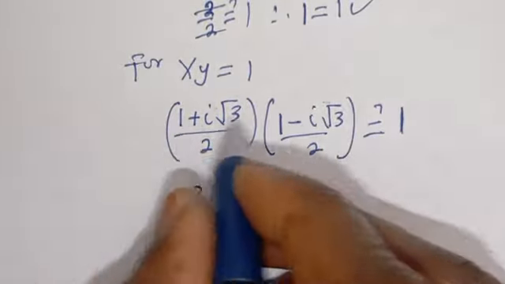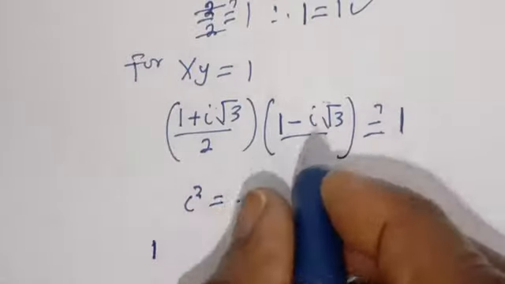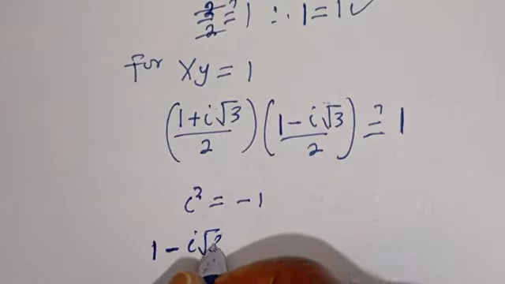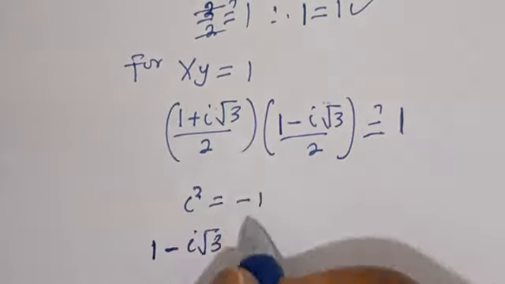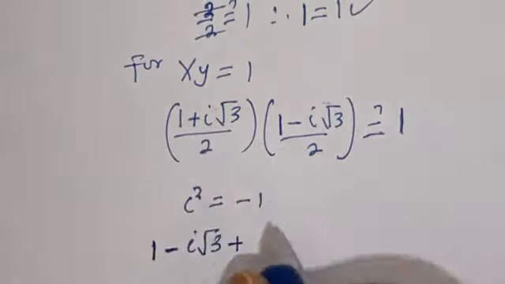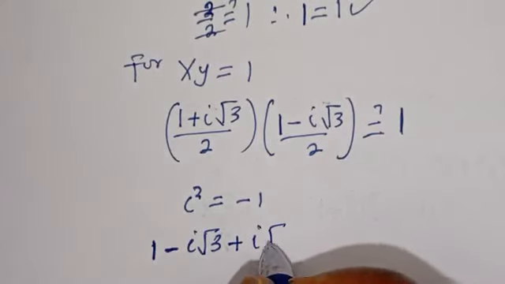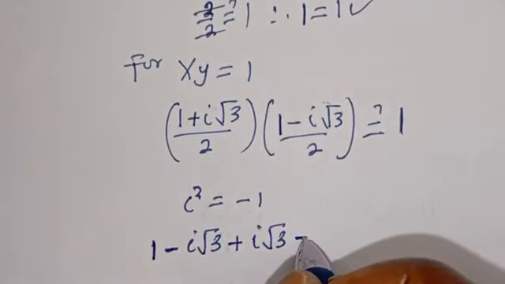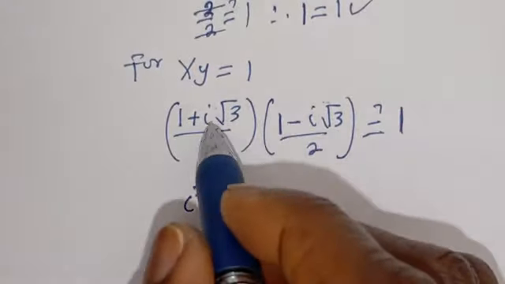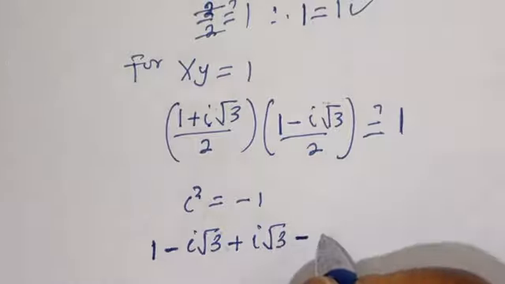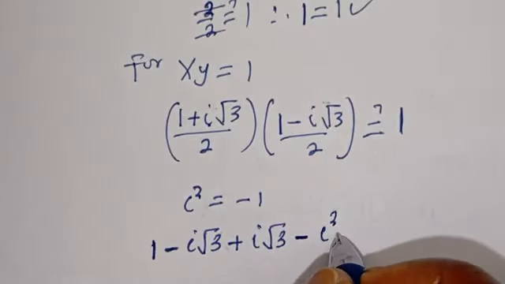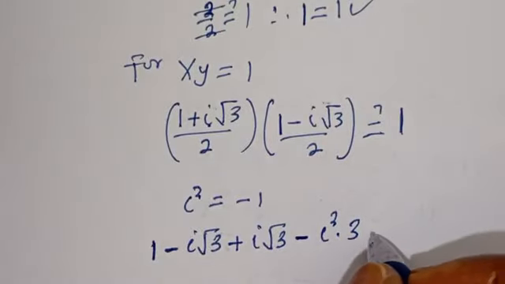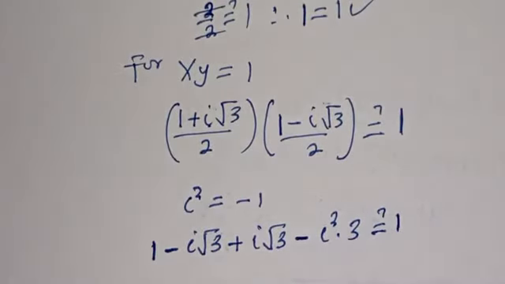Then 1 times minus i root 3, that is minus i root 3. Then plus i root 3 times 1, that is i root 3. Then here will be minus, here is i times i, that is i square, multiplied by root 3 times root 3, that is 3, must be equal to 1.